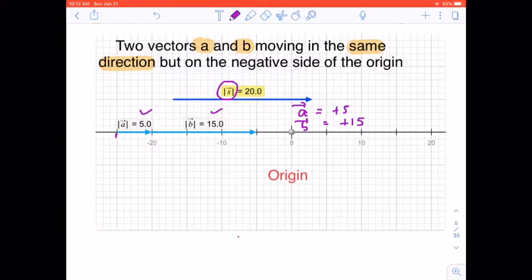We have vector B, which is plus 15, starting from there to here, and this is vector B. We are going to add to that vector A, which has a magnitude of 5 and is in a plus direction.